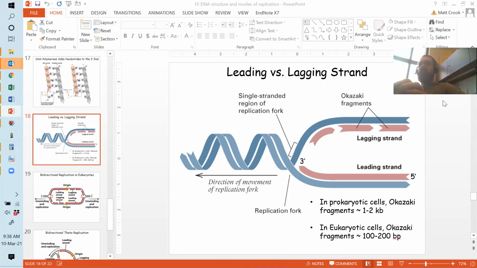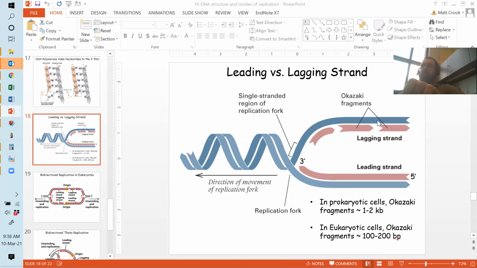This is the tricky thing to get your head around. This template strand here, which is going in the wrong direction, has a 5' end here, and so the new strand is synthesized in the other direction from 5' to 3'.